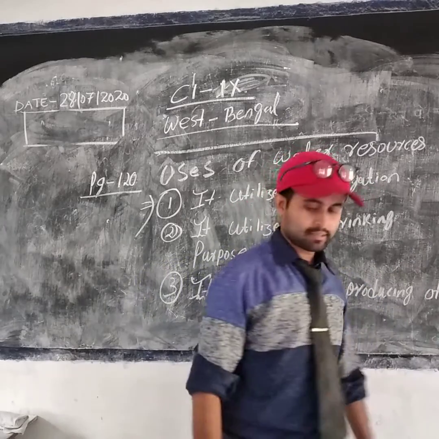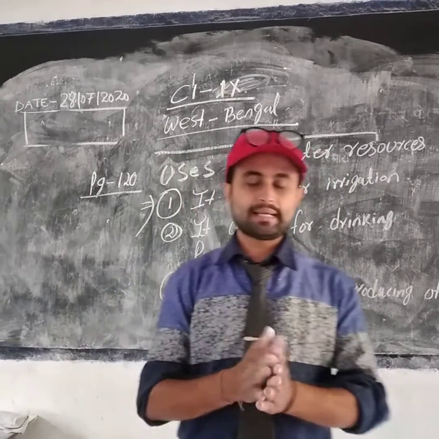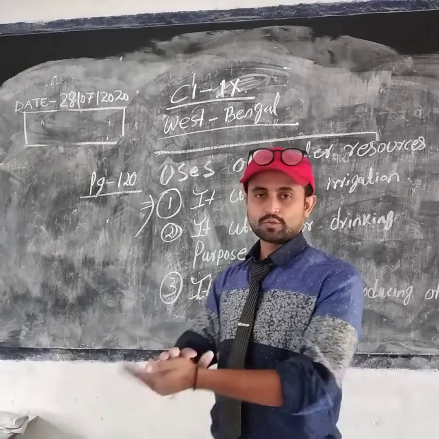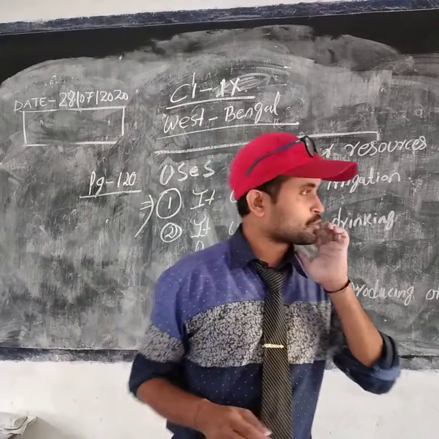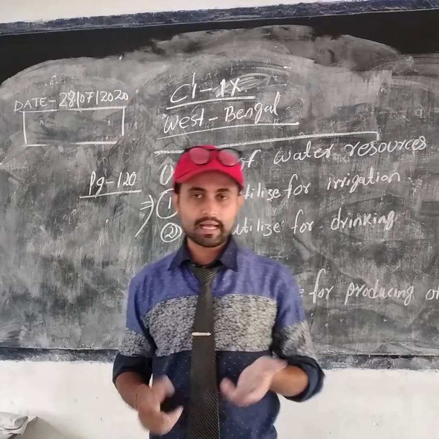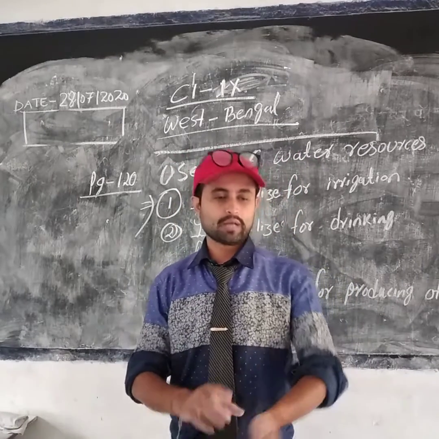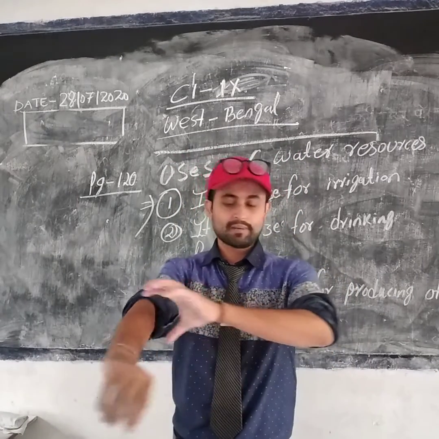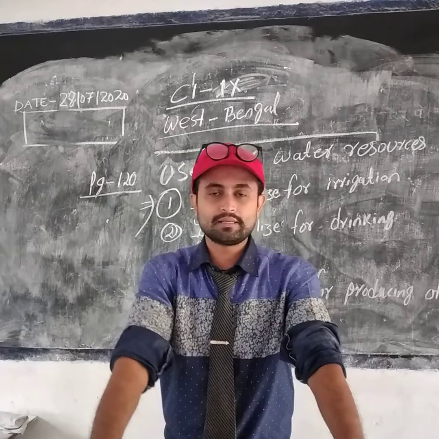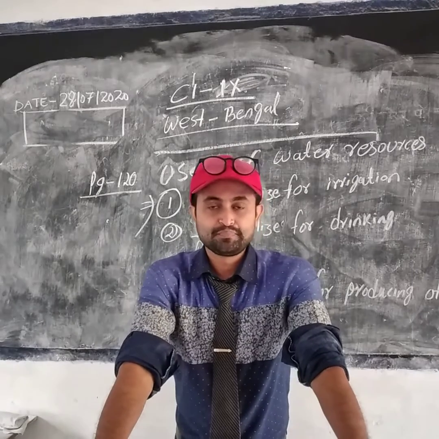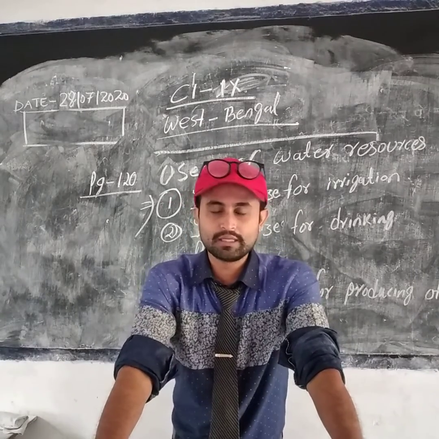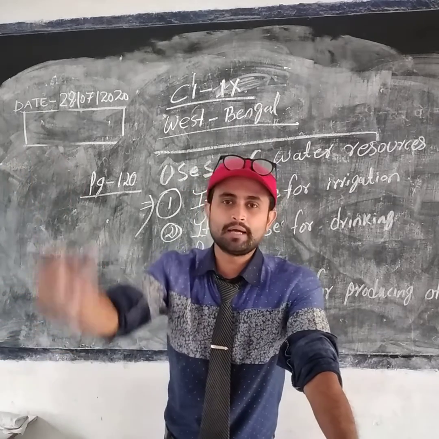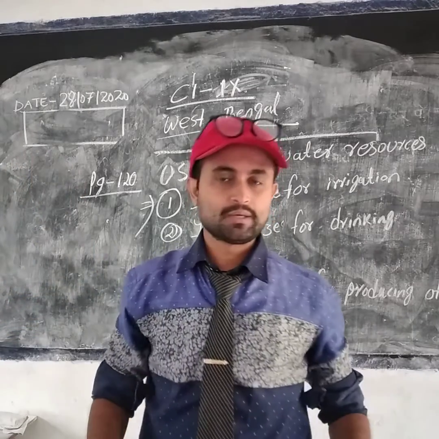So my dear students, these all points complete today's class. In the last we have a very important one, the uses of water resources in West Bengal. We have the question: what are the uses of water resources of West Bengal? So simply we are going to write the answer. It is utilized for agriculture purpose like irrigation facilities. Irrigation means watering the fields and crops.